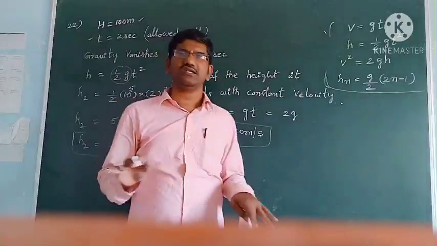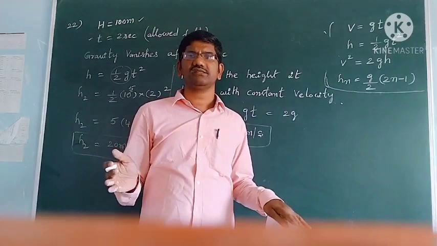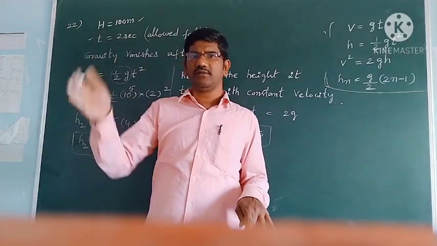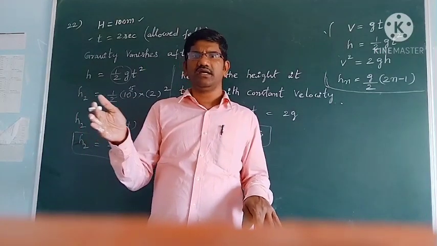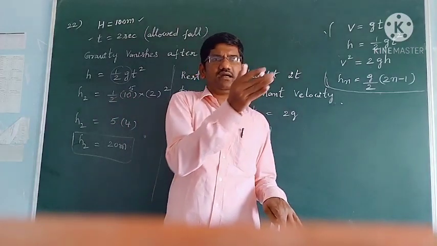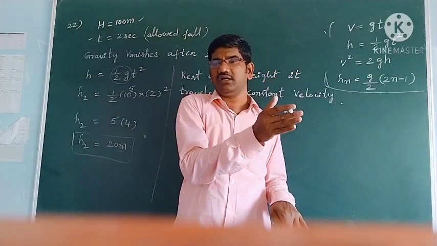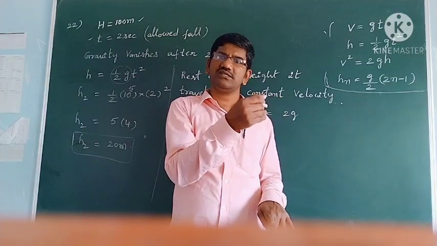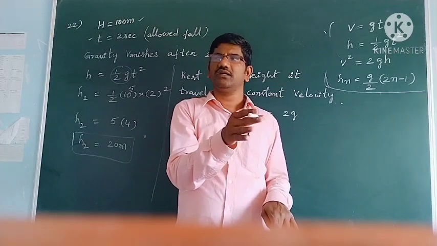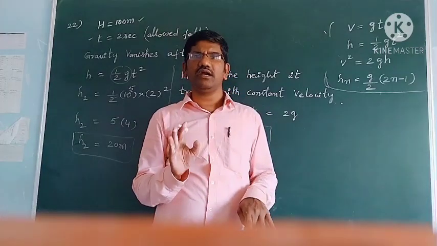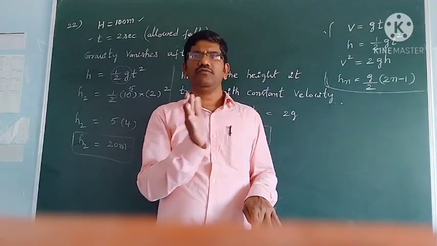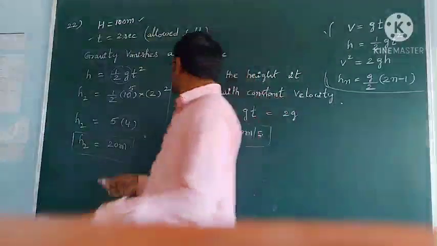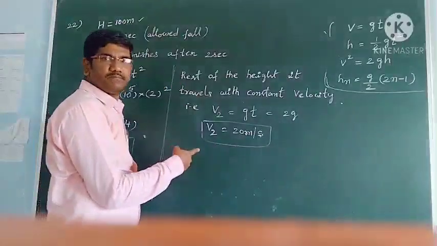Whenever acceleration ceases or vanishes after a certain time, for example, an object is started here and getting accelerated, and up to a particular time they will say the force is acting on it, and after that the force ceases to act, means you have withdrawn the force, then it keeps on moving with the same constant velocity.